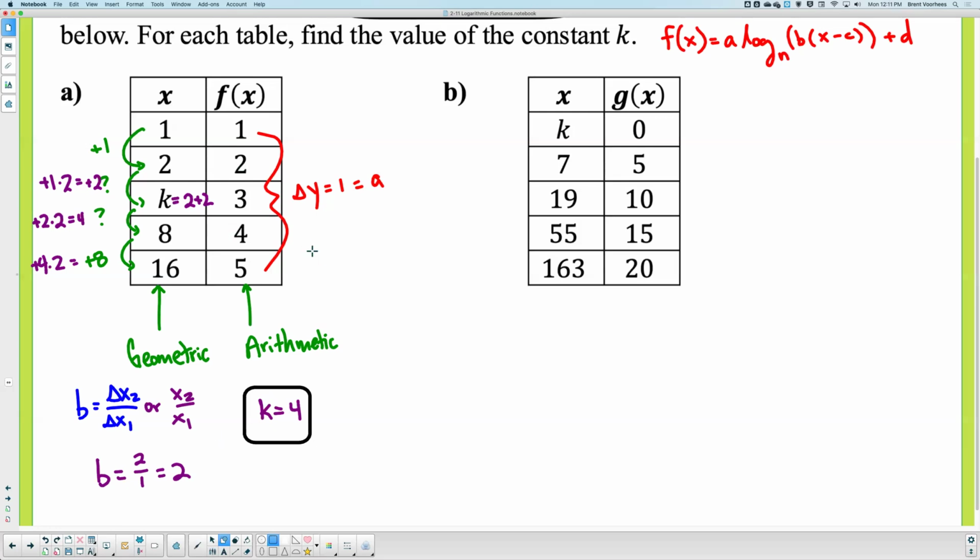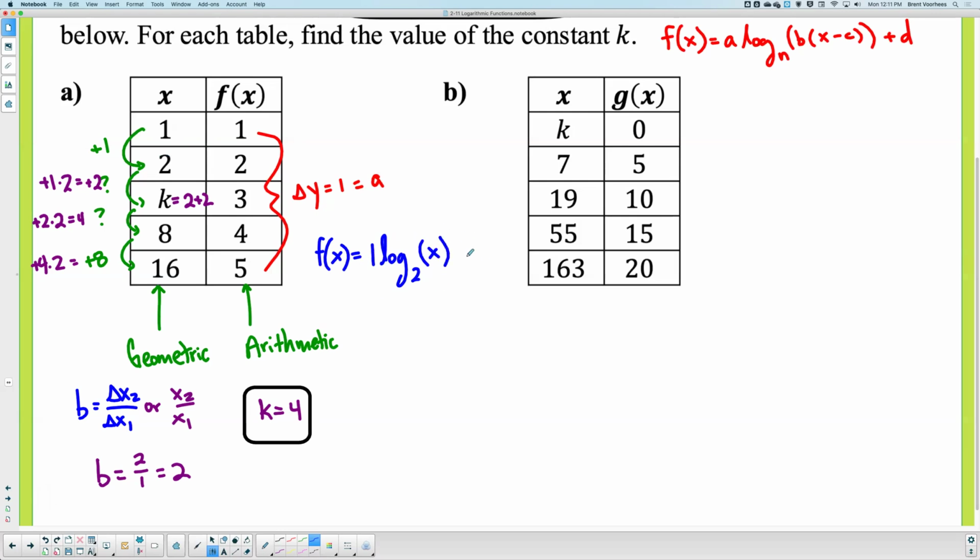And not only is k 4, since there didn't seem to be any other transformations, I'm going to go ahead and tell you the equation would look like this. F of x would equal 1 log. What did we say our base was? Base was 2. And then you would have x here. And if you plugged in a 1, it should be a 0.